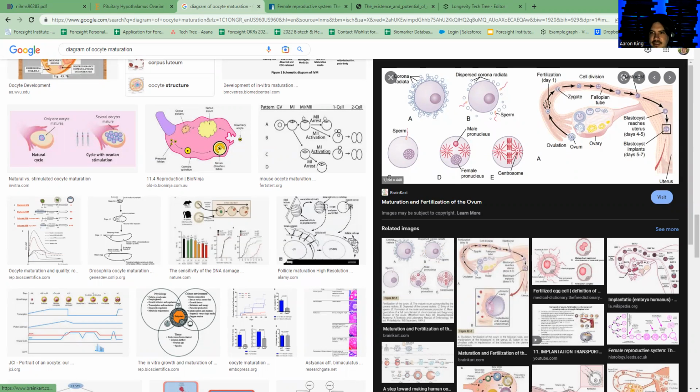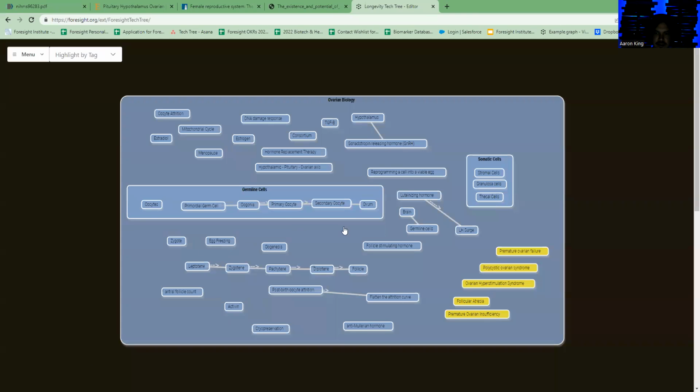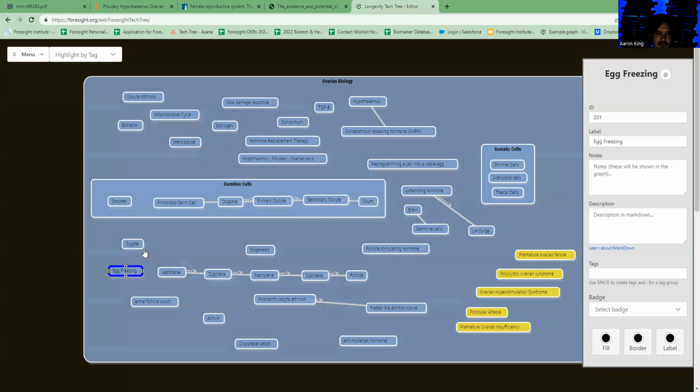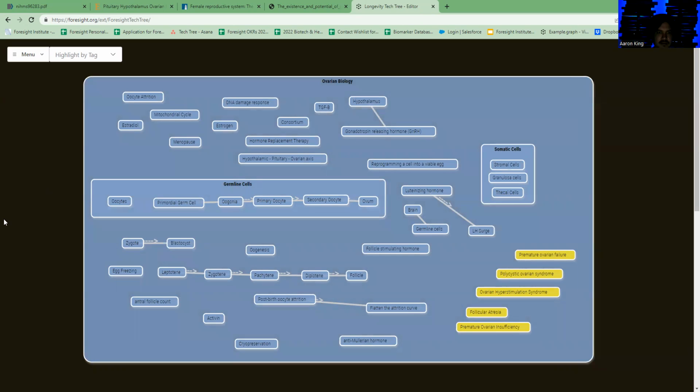It becomes a blastocyst after being a zygote. Okay. Blastocyst. Zygote to blastocyst. I'm sure I'm getting some of these wrong, but we can look it up later. Blastocyst.